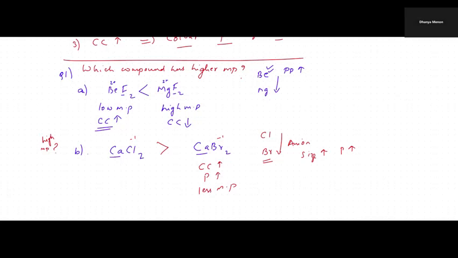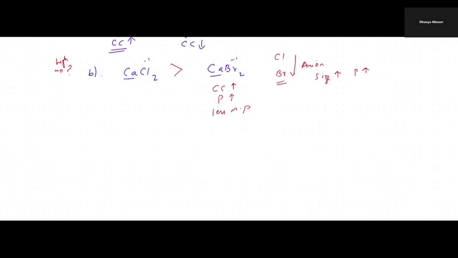Now the third one, sodium chloride, copper chloride. So anion is the same for both of them. So we go with cation, sodium and copper. Here the charge of sodium is plus 1. Copper also is plus 1. With the formula you can find out that the copper charge is plus 1.